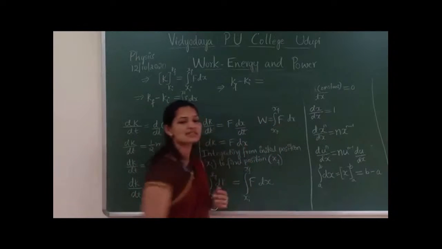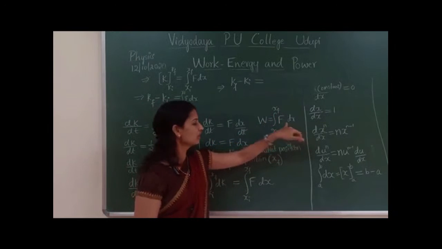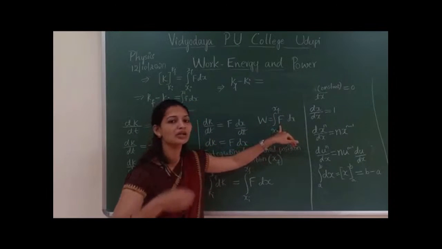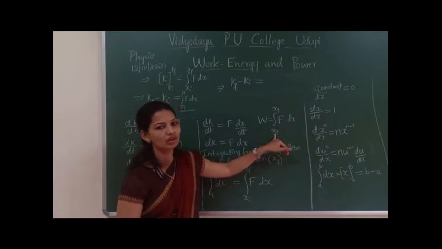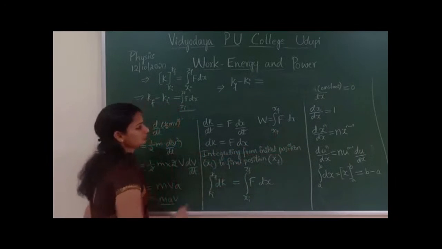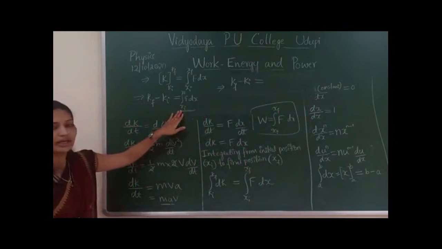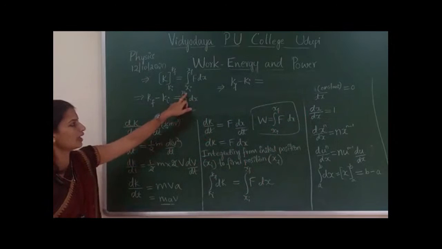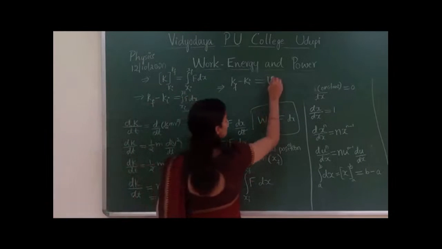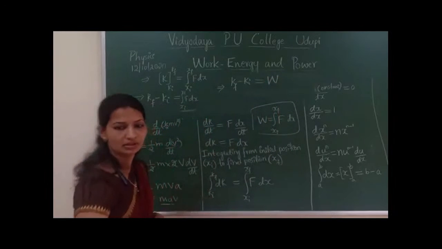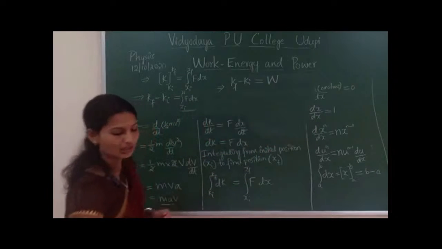Okay, the value of f is changing with respect to this x value. Here f is a variable force, right? The magnitude of force f is changing with respect to the value of x. So I can write this integration of xi to xf f into dx as w, that is work done.